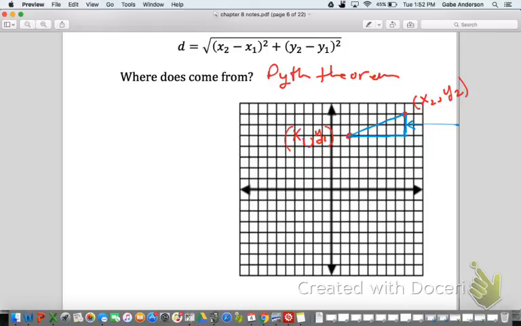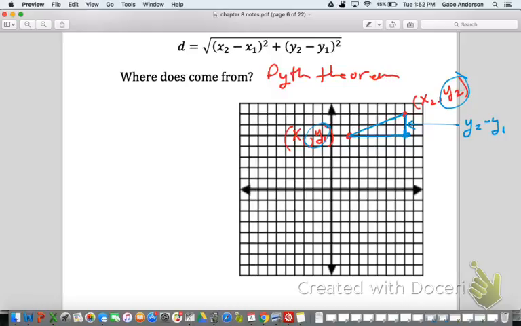So I would say that this point up here, the second point, has a height of y2. And this location right here has a height of y1. So how do you find the distance between the y2 and the y1? How do you find the distance between two things? You subtract, yeah. So that side would be y2 minus y1.